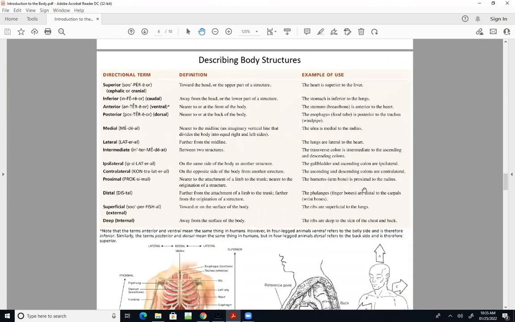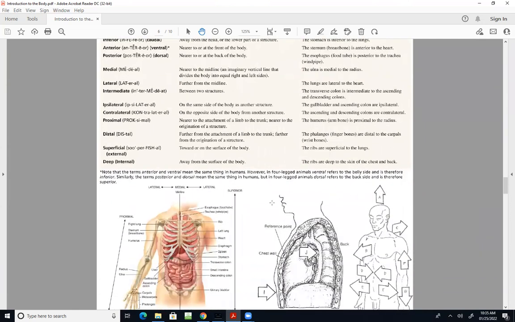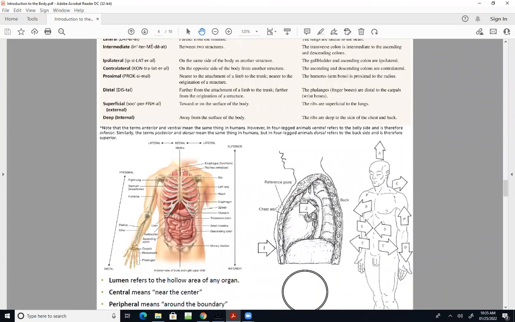Something I didn't mention that I meant to is, since we do a lot of identification and deal with a lot of pictures in this class, I recommend students, especially visual learners, grab a pack of colored pencils and bring them to class, because there'll be times where we color pictures to help understand what a term means.